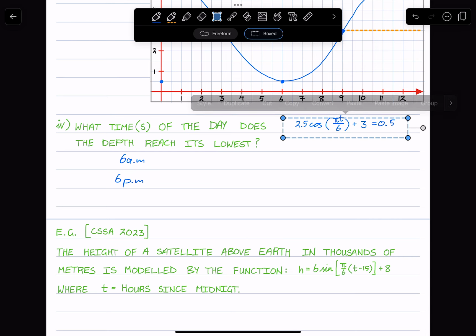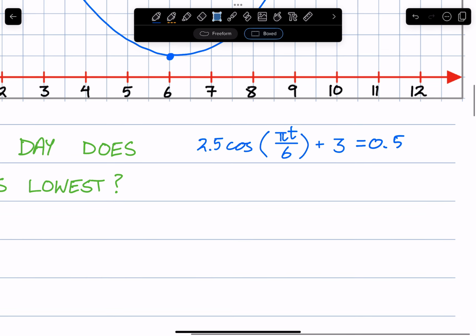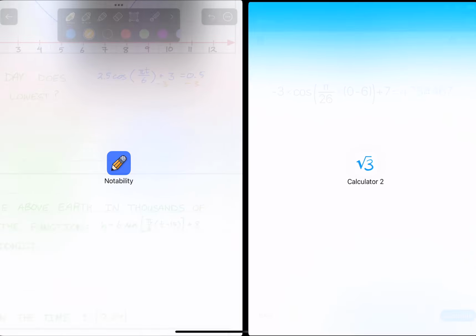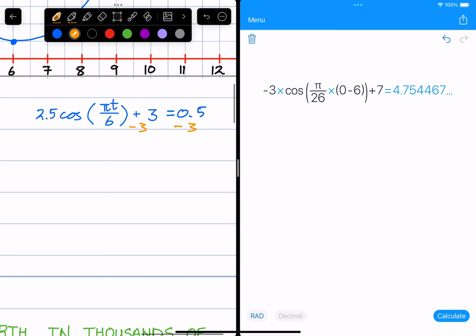So in effect, we are solving this trig equation. We can do this like we normally do with trig equations. Going to subtract 3 on both sides. So we get 0.5 minus 3.